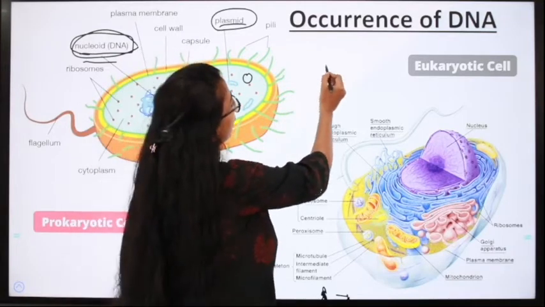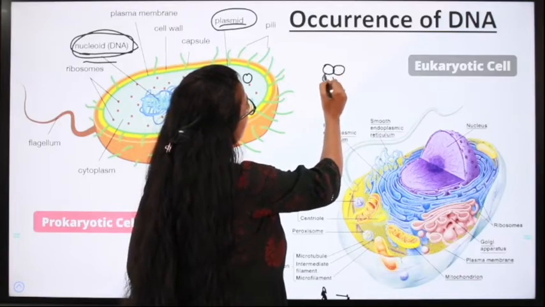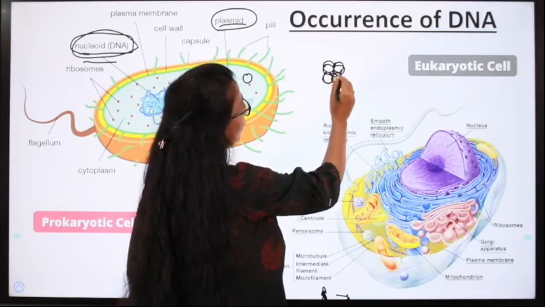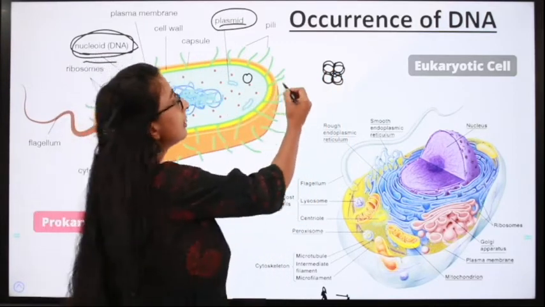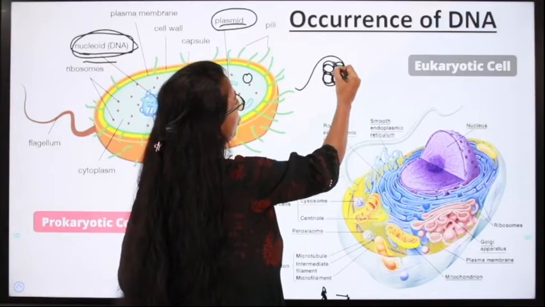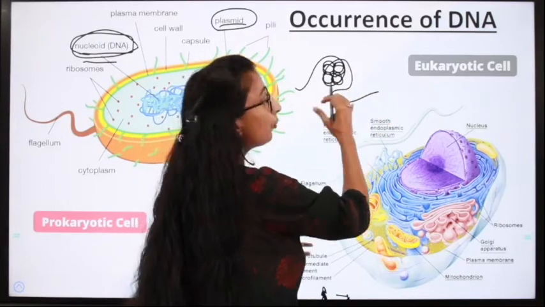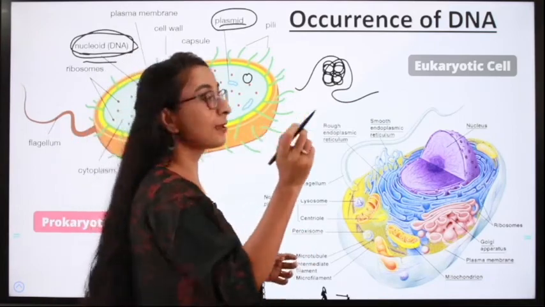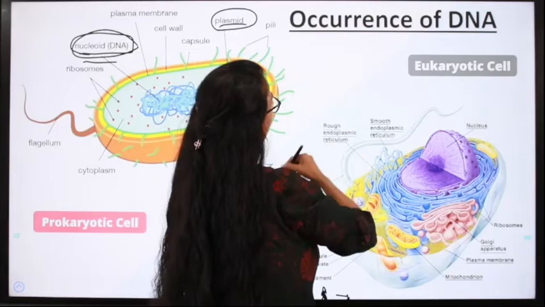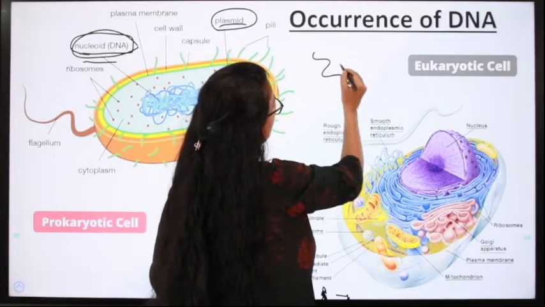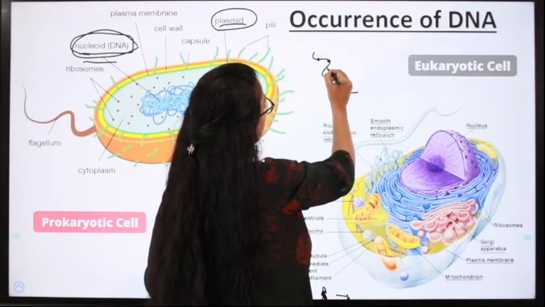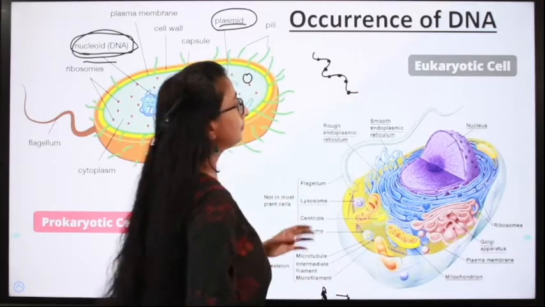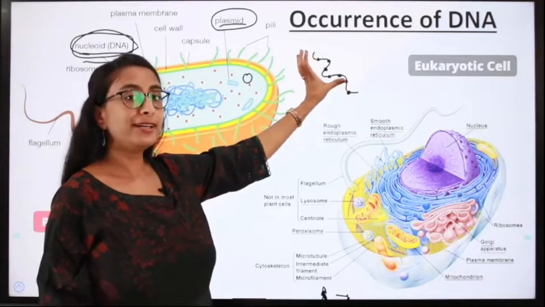You have 8 histone proteins which together form a histone octamer around which the DNA molecule is circled like this. So we get a chain of DNA with beads of histone proteins. It looks like a beaded chain. So this is how it is present in eukaryotic cells.